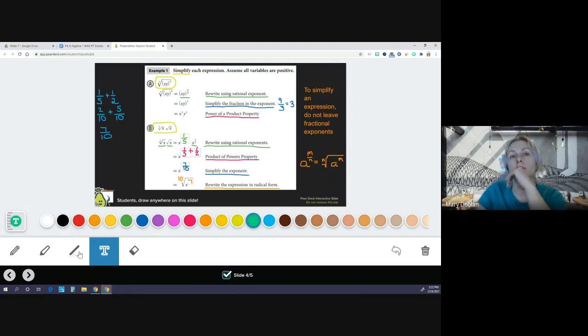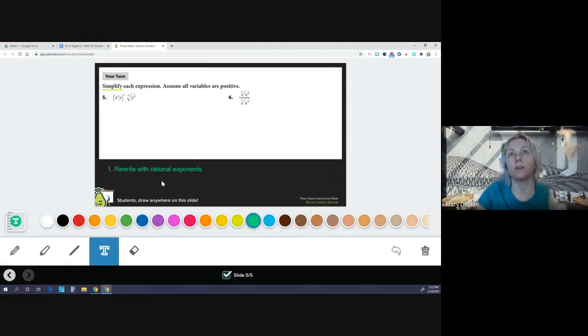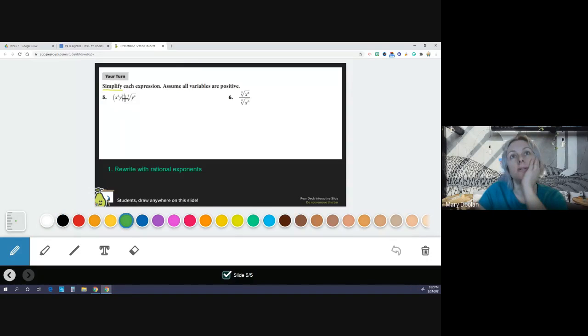Rewrite using rational exponents. We did that first. So we're going to do that first over here. This is actually like two pieces together, right? They're being multiplied. And then you don't see it. There's a multiplication dot here. And so as carefully as I can, I'm going to do this.